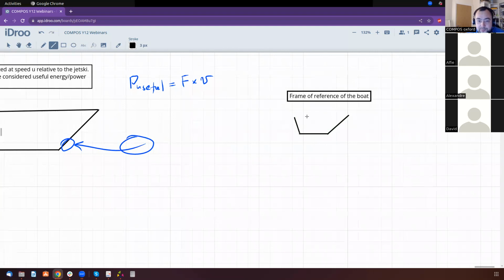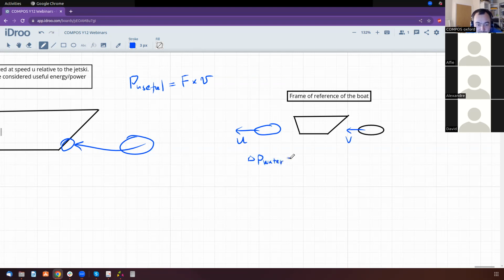The boat is stationary, and water comes in at a velocity v, because that's the speed of the boat, and water comes out at a velocity u. Okay, so the change in momentum of the water is equal to the mass of the water times (u minus v).